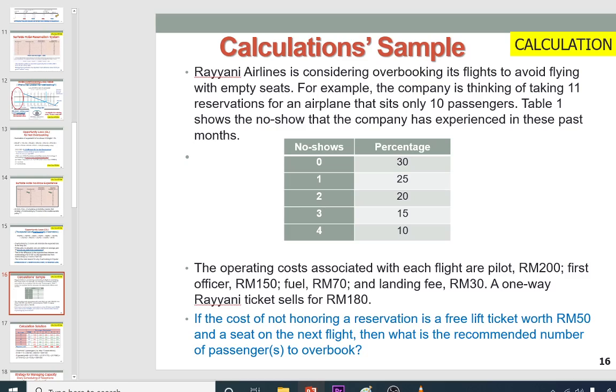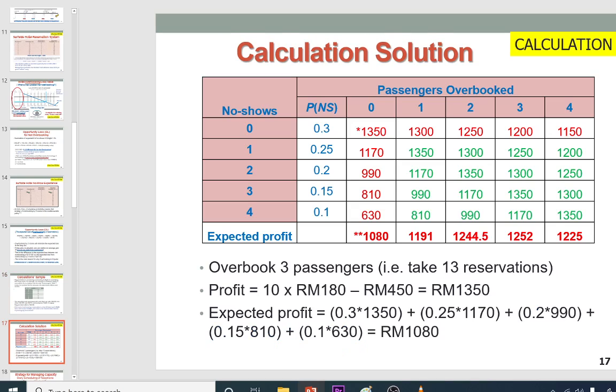So then what is the recommended number of passengers to engage in overbooking under this situation? Let's see how we resolve the calculation. Okay, here is the table of the proposed solution, right? So 4 no-shows and, of course, 4 passengers overbooking. This is how the table is set in order for you to make a decision on how many overbooking passengers you need to engage.